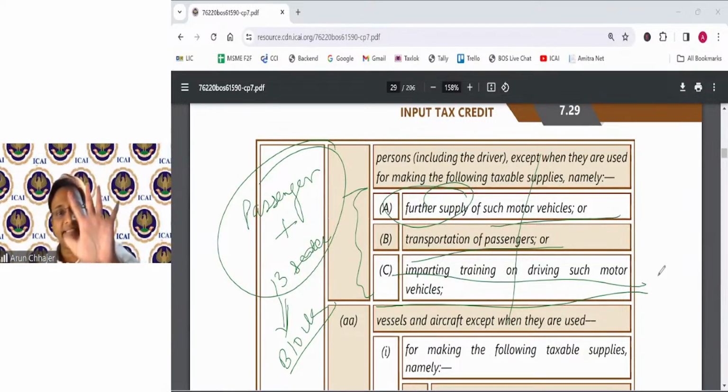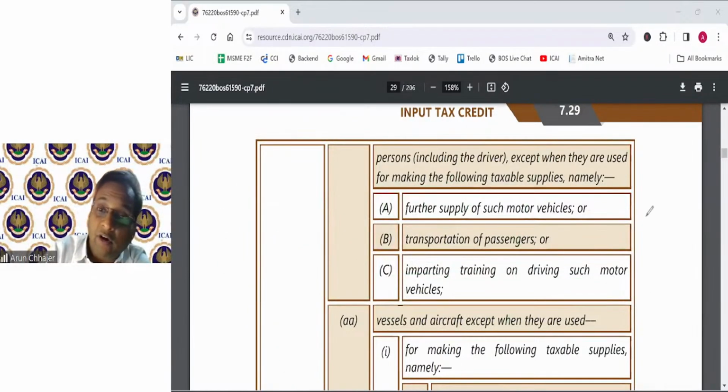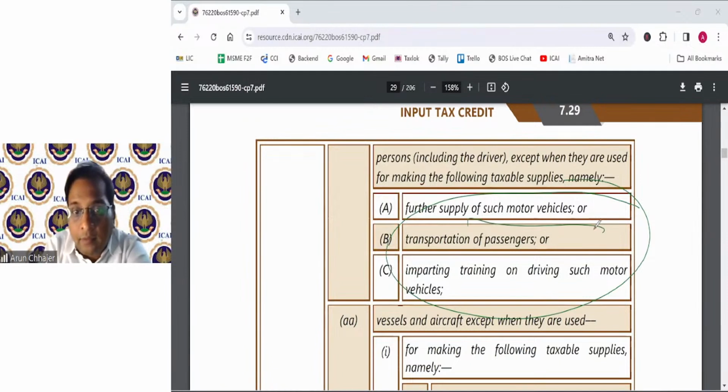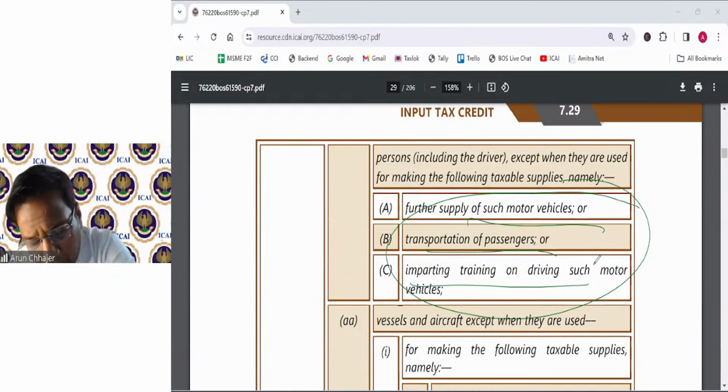So when can I take the ITC? We have discussed three situations where we are allowed to take the ITC. If the vehicle is not for transportation of persons but for transportation of goods, ITC is allowed. Second, if it is covered in any of the exceptions, if it is used for further supply of such motor vehicle, transportation of passenger, imparting the training or driving such motor vehicle.